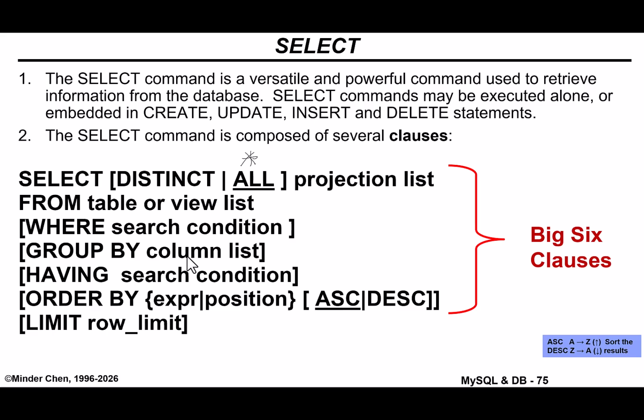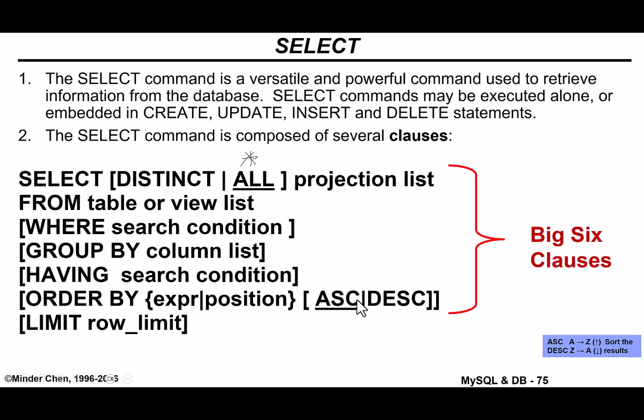So when you have having, you definitely have group by. We will discuss it later. You can sort the result of your select statement by using order by, which is sorting. You can sort by several different columns, or by the position of the column. And by default, this underlined part just means the default is ascending order.